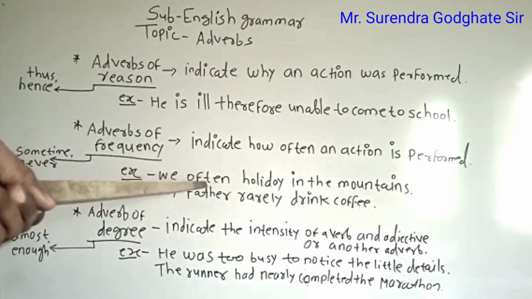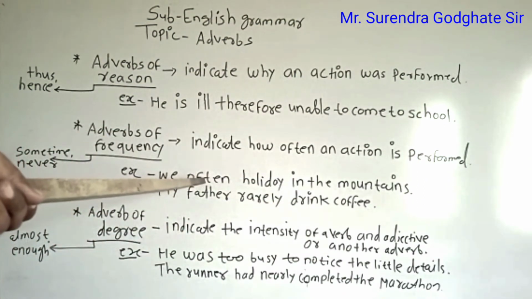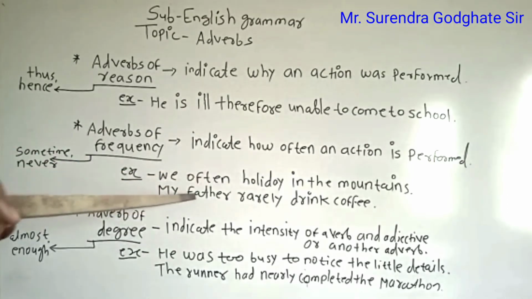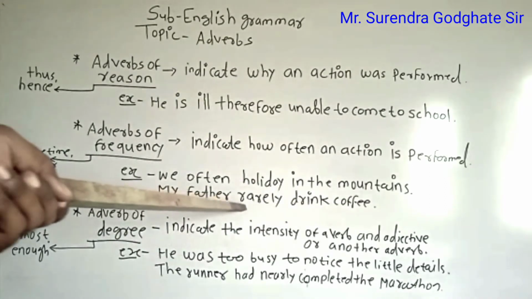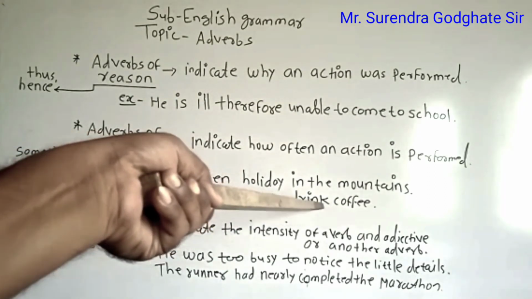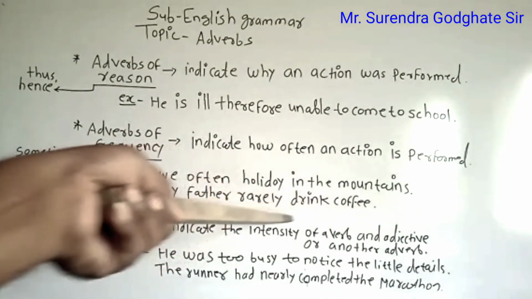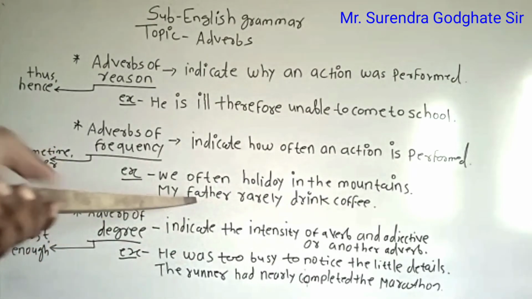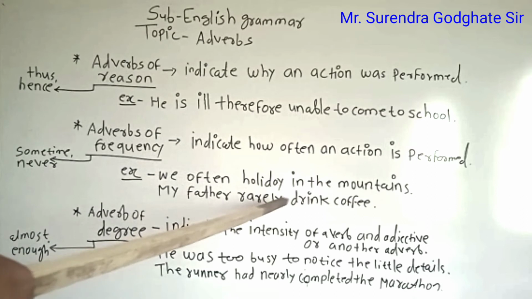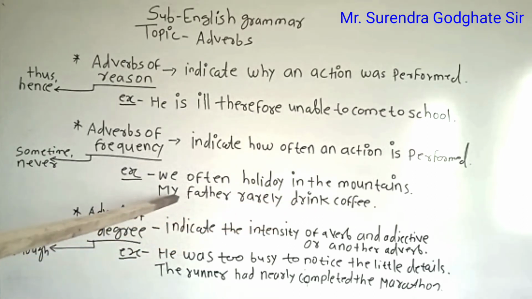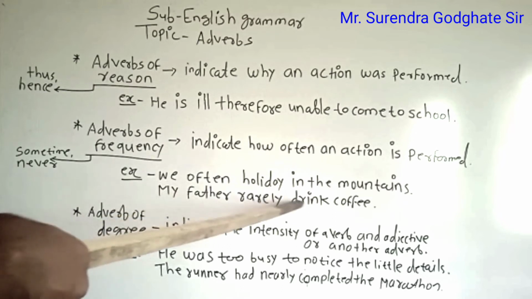So this is the adverb of frequency. Then next, my father rarely drinks coffee. Sorry, here we should apply the s, because father is a singular person, so we should use drinks, students. And here we are talking about adverbs of frequency: my father rarely drinks coffee.